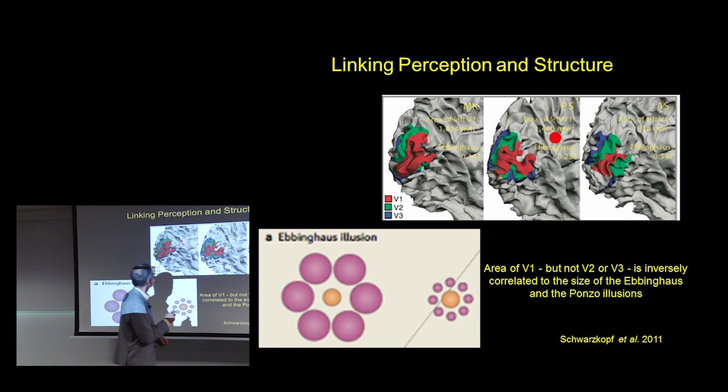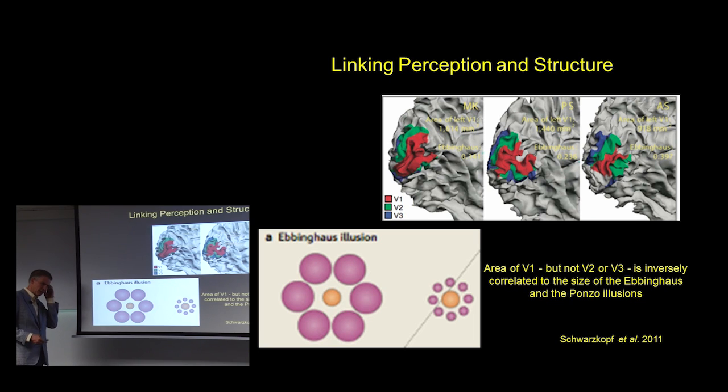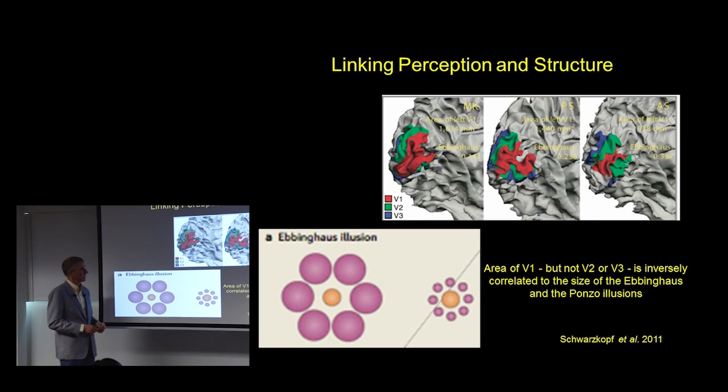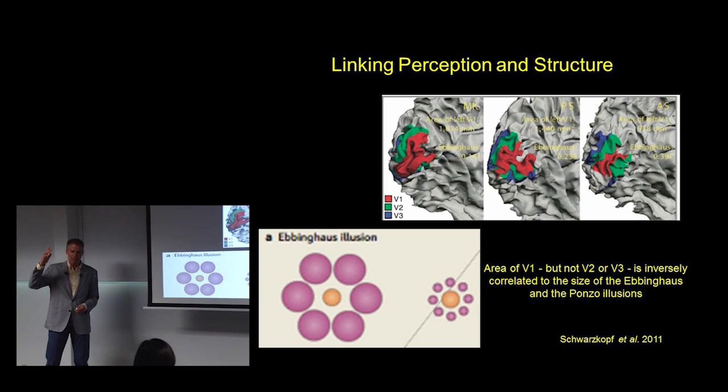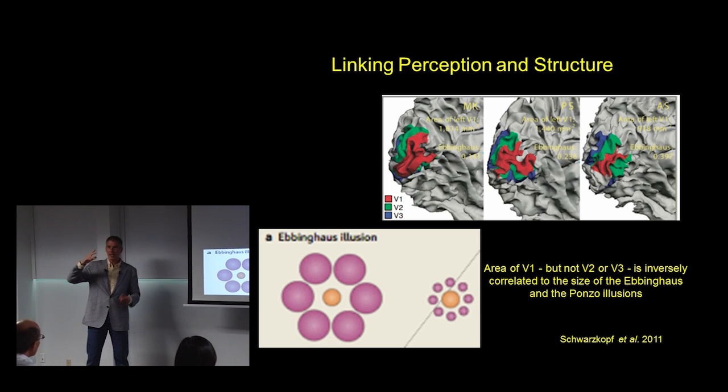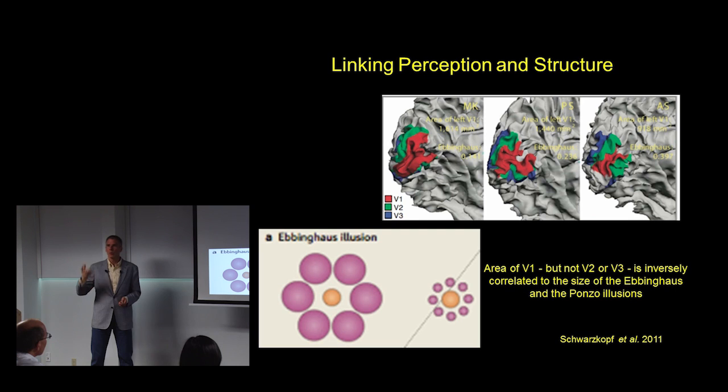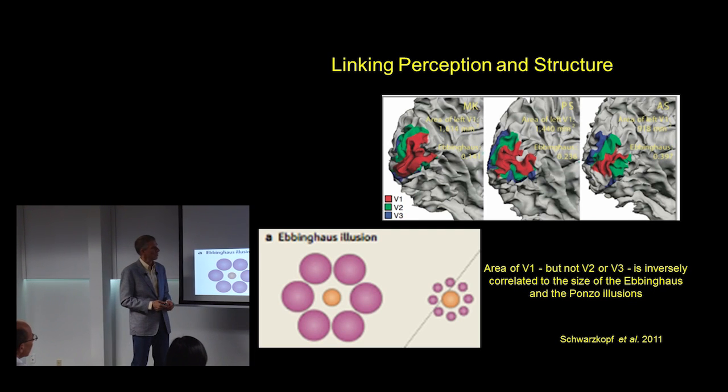And you can see there's a systematic relationship. Here the brain is much bigger, the illusion is much smaller. Here the brain is much, much smaller, 900, and the illusion is much stronger. This is not true for V2 or V3. So you can now ask, why should this be the case? People have now found a number of these structure-function relationships where they try to correlate the way individual people perceive something with a structural or functional feature of their brain.